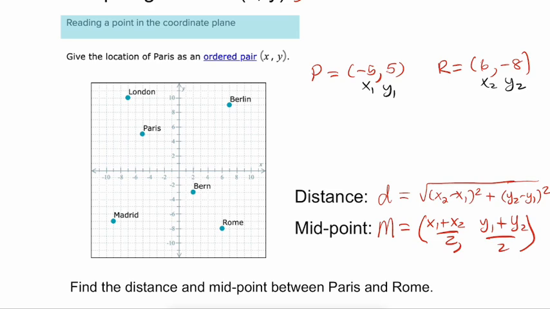Okay. So let's do distance. So that is going to be the square root of, now we're going to take x2 minus x1. So x2 is 6, but we are minusing the negative 5. When we minus a negative, it's going to become a positive 5. And then we're going to do the same thing for the y. So it's going to be negative 8 minus 5.